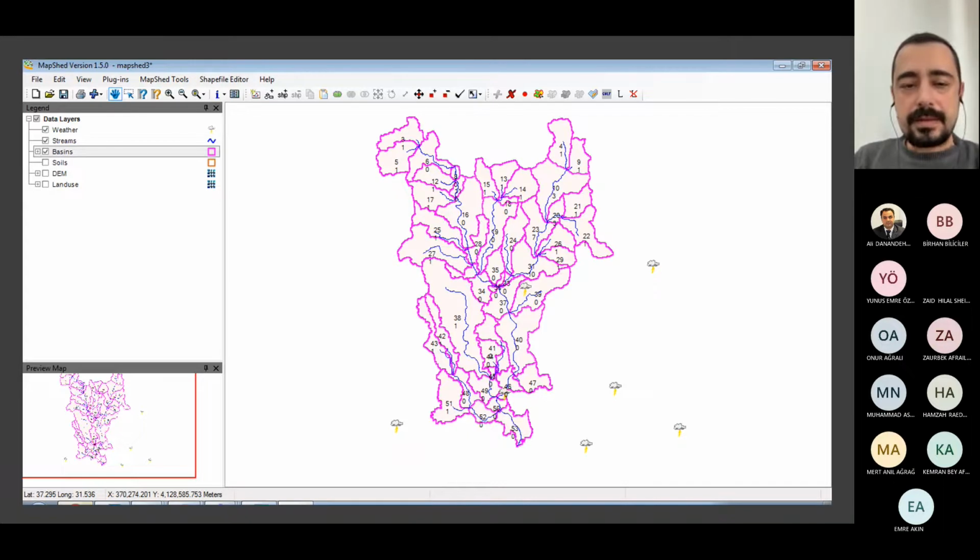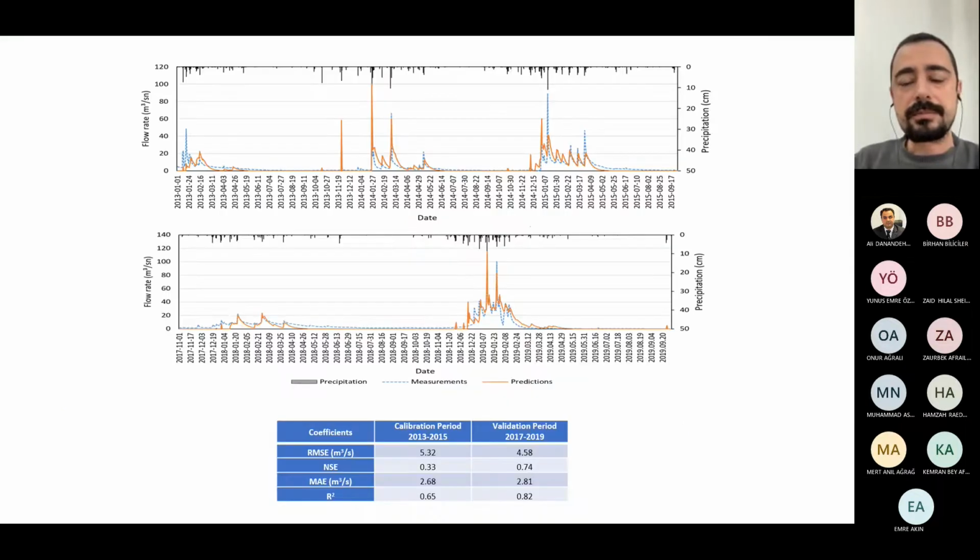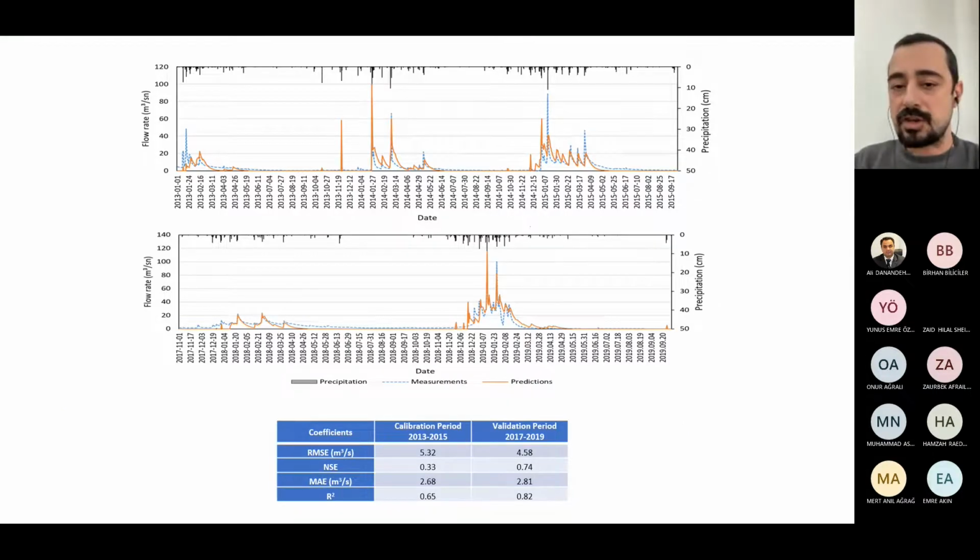In that basin, we are looking at the flow observation station. The data coming from the flow observation station is given in the blue dashed line, and our model's predictions are the orange lines. So in some sense, they are matching, right?